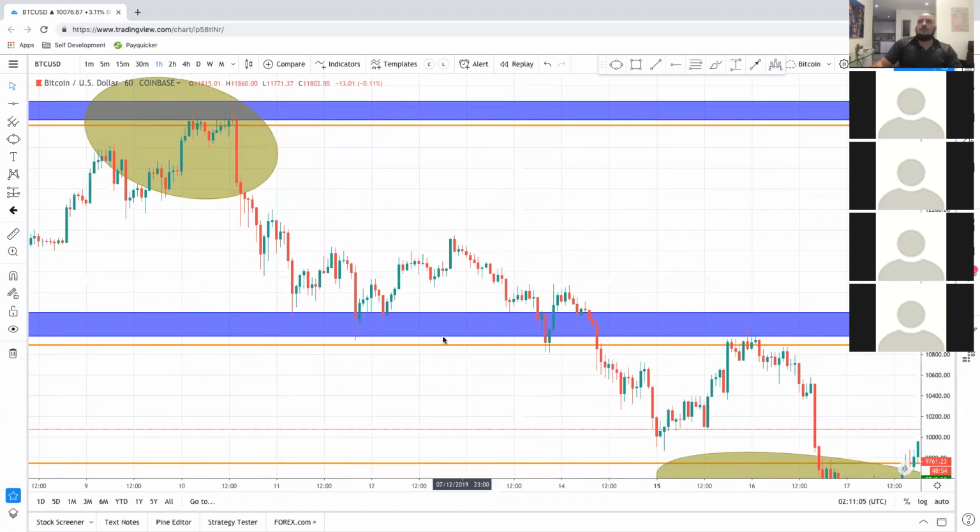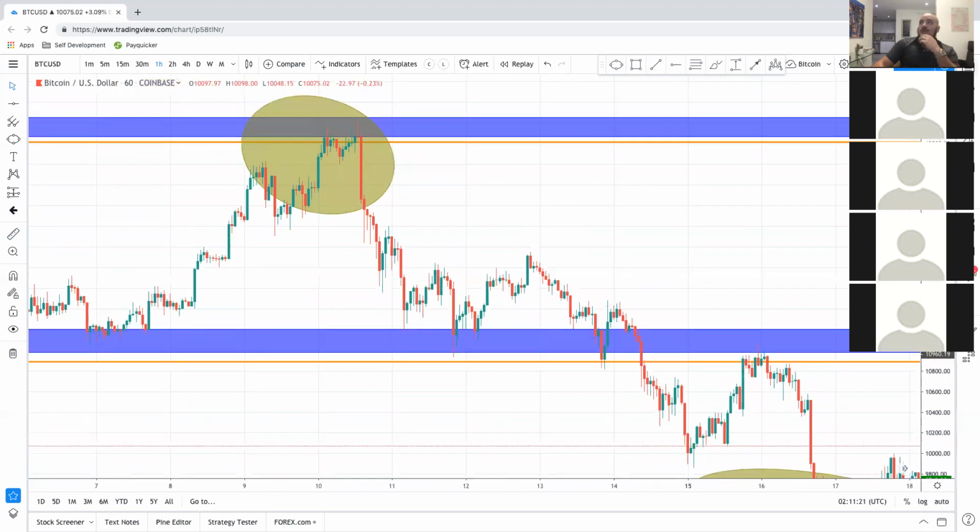Look, you see all of these wicks here? It touched, it shot up. It touched, it shot up. It touched, it shot up, right? Just this little trade right here is 657 pips on Bitcoin. So what do I trade, guys?